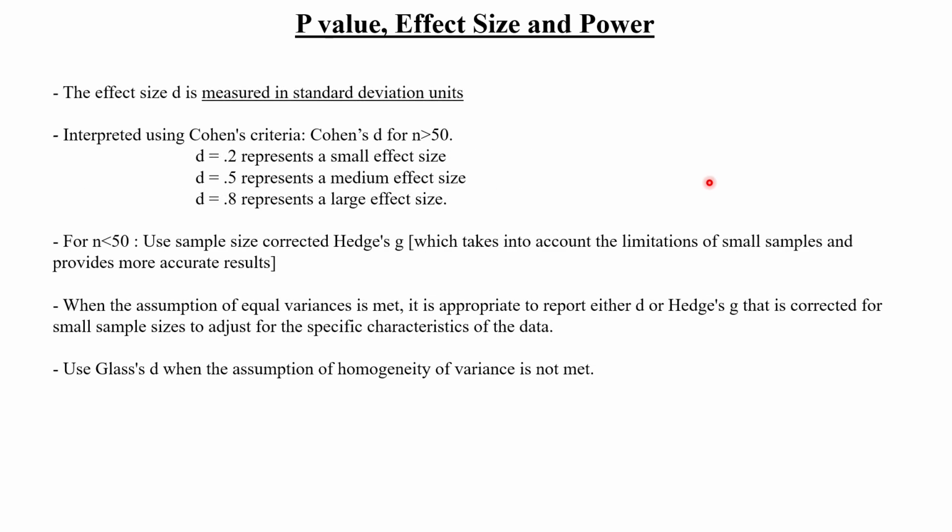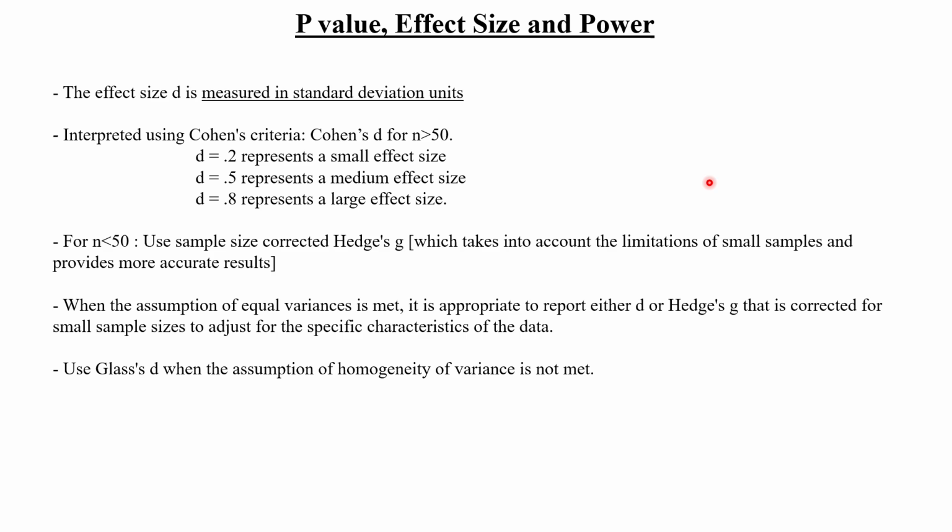So now we'll look at Cohen's d for measuring the effect size of the independent sample t-test in SPSS. The effect size d, the concept was given by Cohen in, I guess, 1982 or something like that.